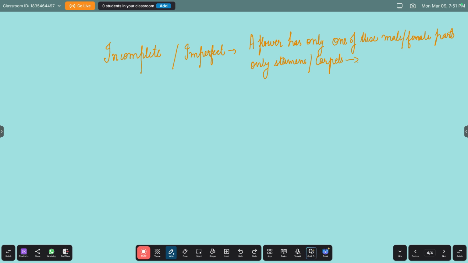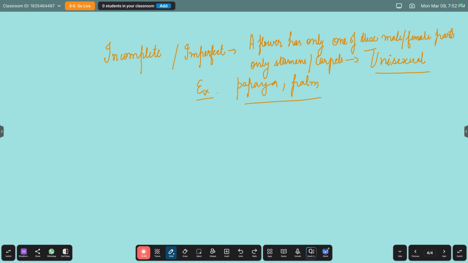These will be called unisexual flowers. The example of this is papaya and palm. PP, remember it well: papaya and palm.